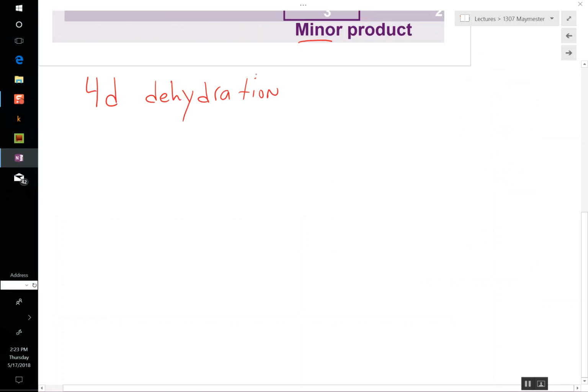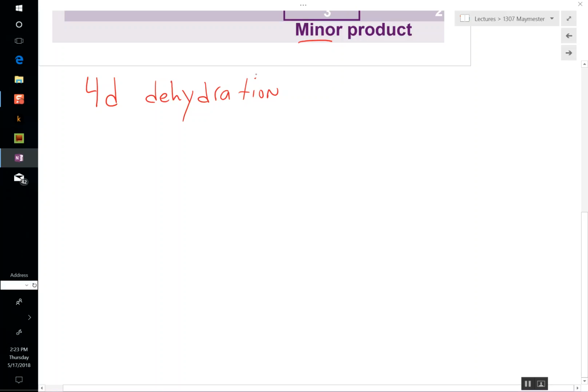So we've got to draw it first. 4-chloro-2-pentanol. Number 4 says, draw the major alkene product and give its name, formed by the dehydration of these alcohols. Use Zaitsev's rule to determine the major product.